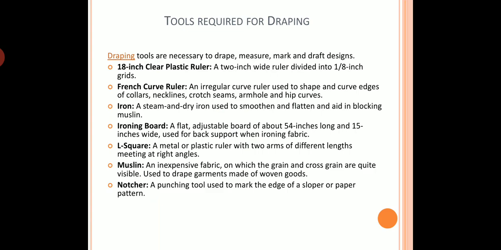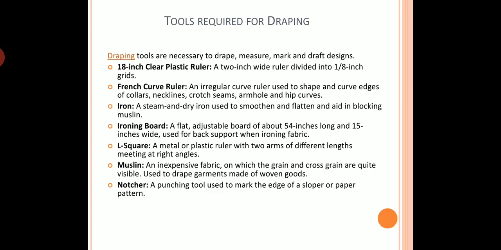Then the second quality of muslin is a lightweight, finely woven fabric used for soft draping. And thirdly, a heavyweight, firmly woven fabric used for draping tailored garments. Actually, the heavyweight muslin is generally called toile muslin.